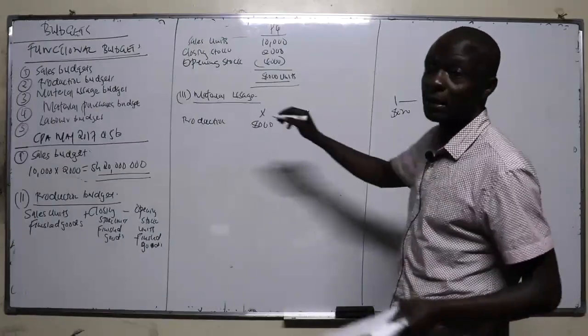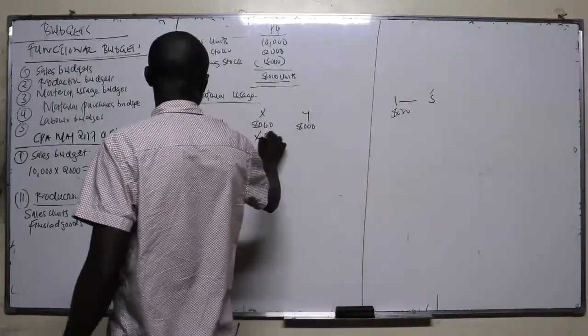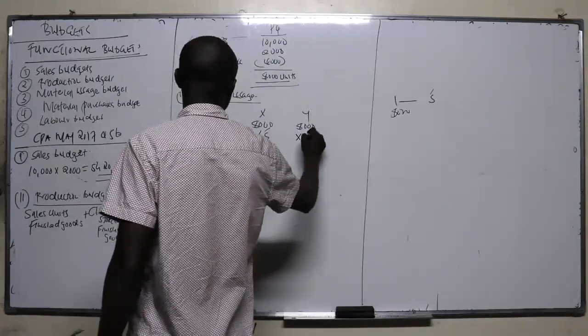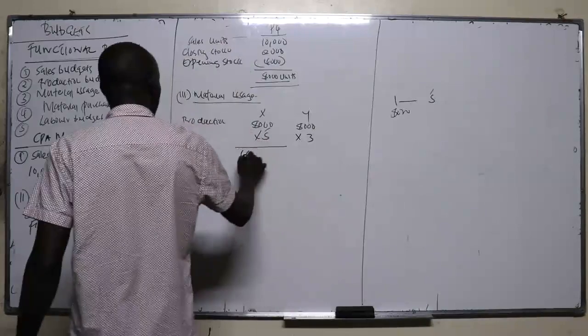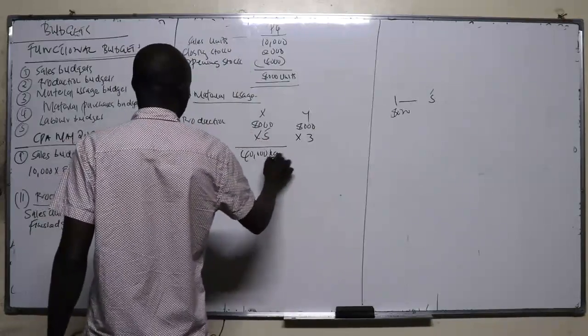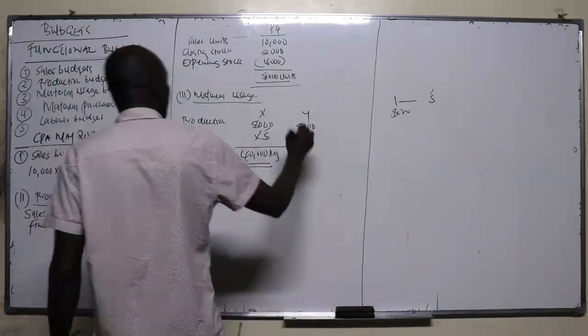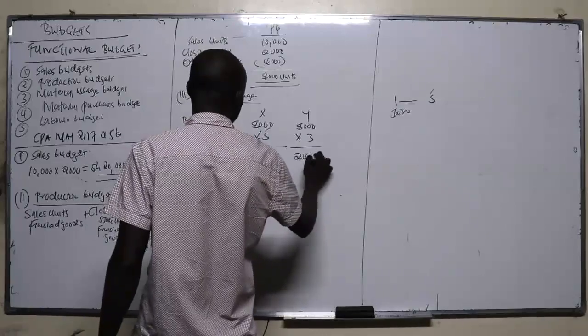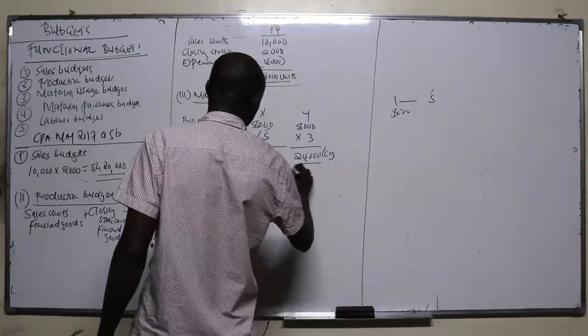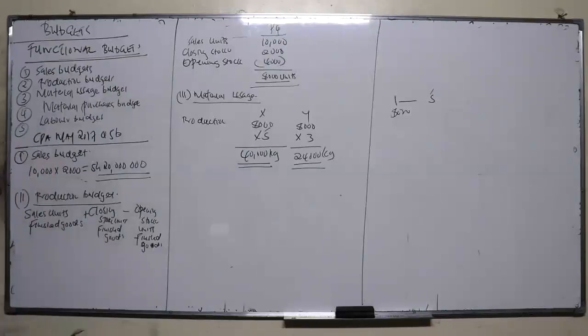So you multiply by 5. We need 40,000 kgs of material X to produce 8,000. And then we need 24,000 kgs of material Y. So that is the material that will be used in production. So that is material usage.